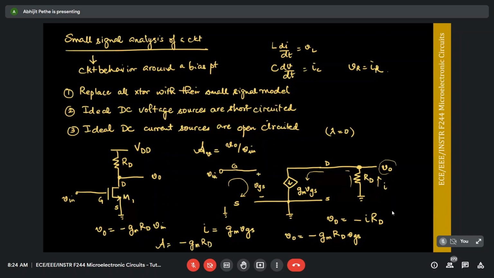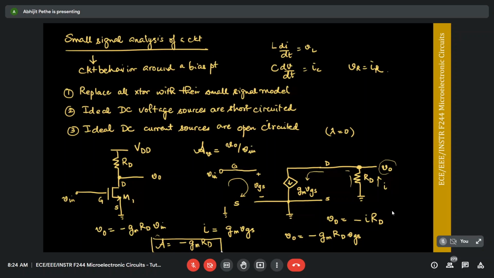This makes life very easy, especially when we start doing large circuits. You have to be very comfortable with this kind of process where you just replace transistors with a small signal model and then calculate the gain.